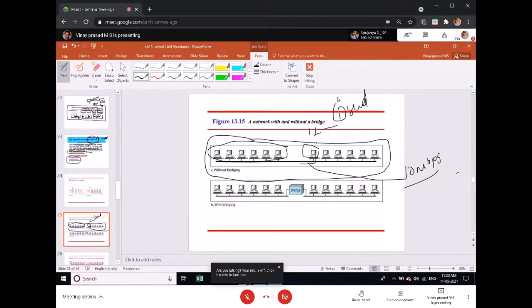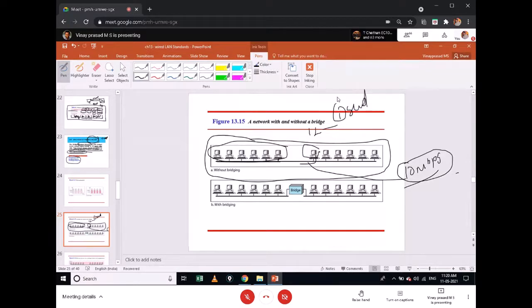Okay, then what will happen? The complete bandwidth could be utilized by that particular host. What if you use some other access method that makes it possible for all stations to transmit their data simultaneously?